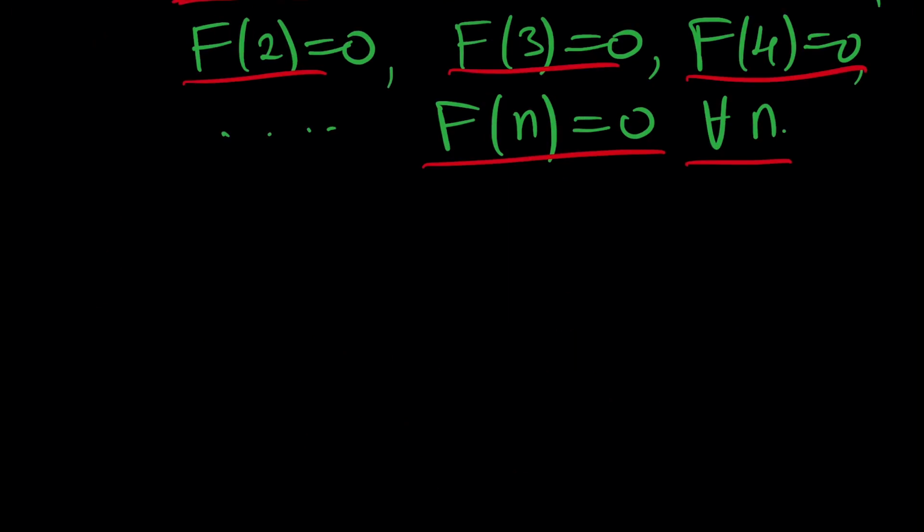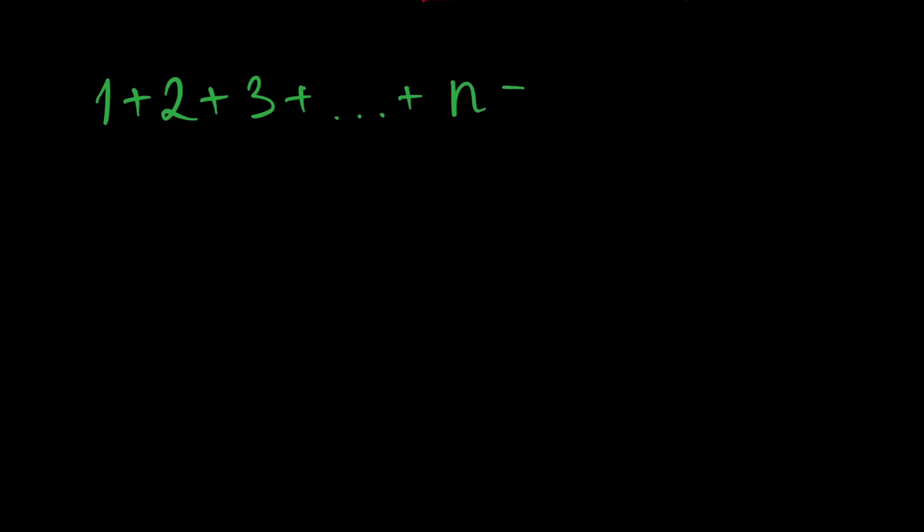Let's give an example of mathematical induction. Assume we have a formula: 1 plus 2 plus 3 and so on plus n is equal to n plus 1 times n divided by 2.